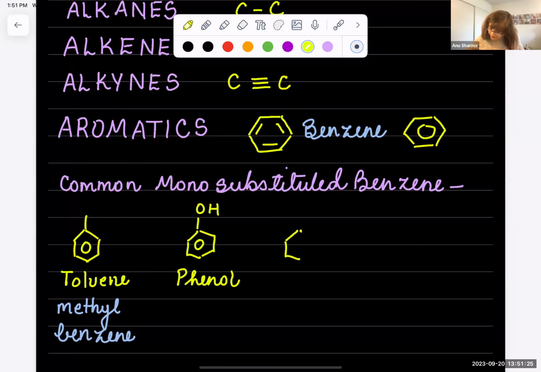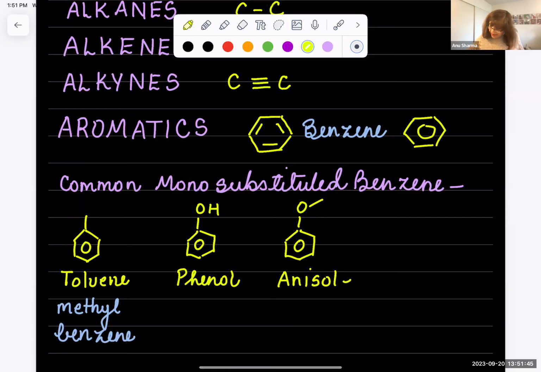Let's do this one. This is the alkoxy. So this is methoxybenzene, right? Methyl group with the oxygen and then the benzene. The common name of this is anisole.